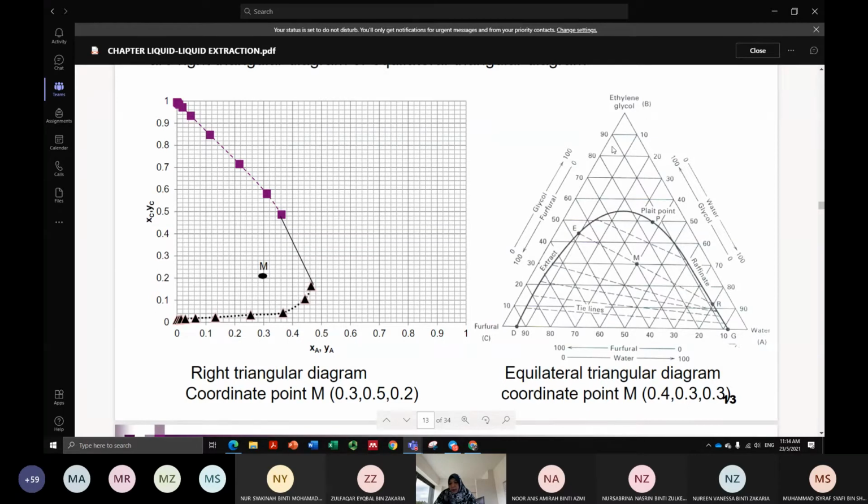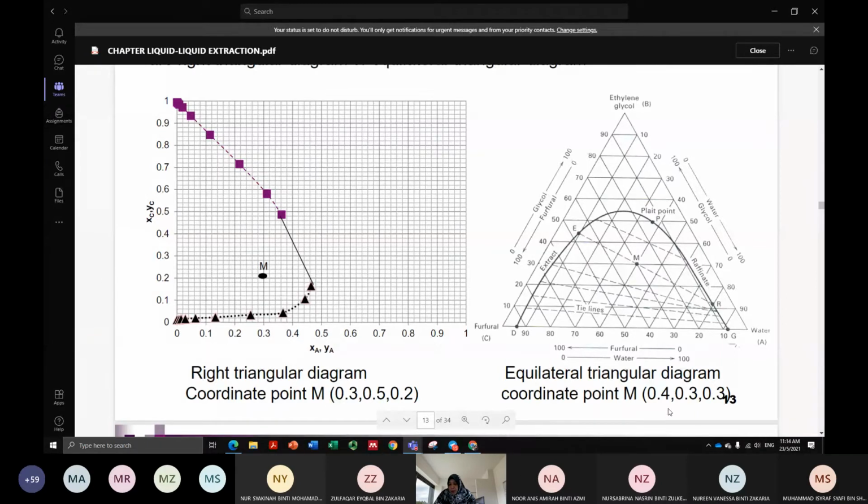The base is BC. So you go 10, 20, 30, and 40. So the value of coordinate A at point M is 0.4. So that's why we put 0.4.